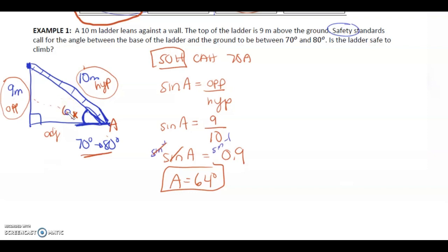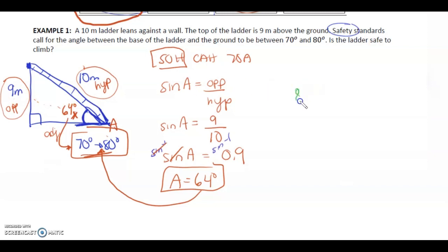So if our angle is 64 degrees, and the guideline is that the angle needs to be 70 to 80 degrees in order to be safe, does our 64 degrees lie between 70 and 80?